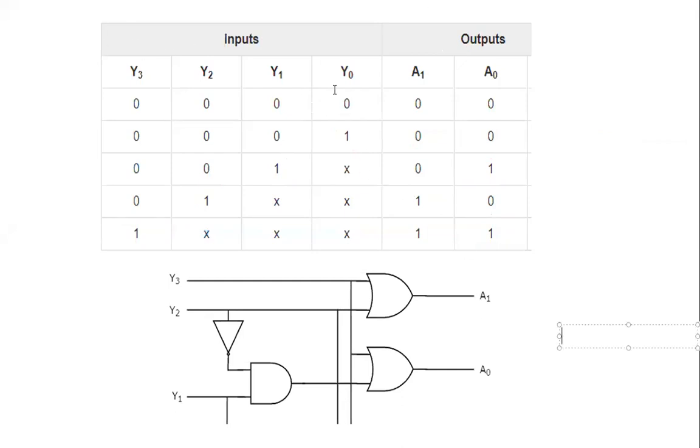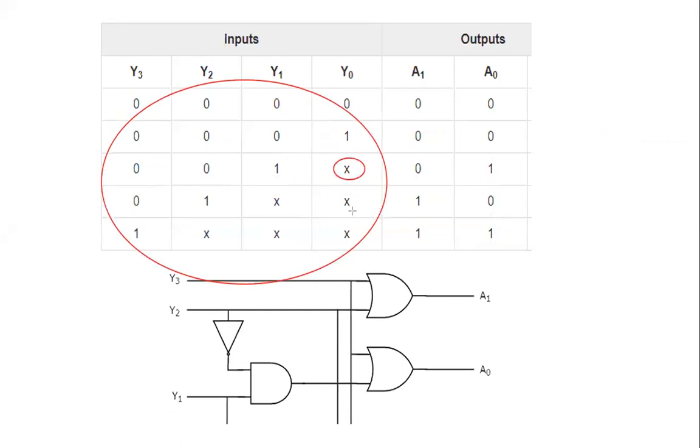Now if you see the inputs in the priority encoder input combination, there is x, x, x everywhere. Such things cannot be implemented using the general case statement. We cannot use the case statement in Verilog to implement it. So we are going to use variants of case.